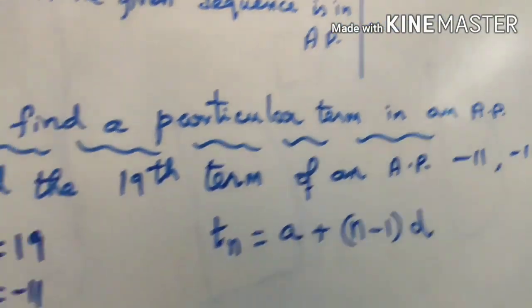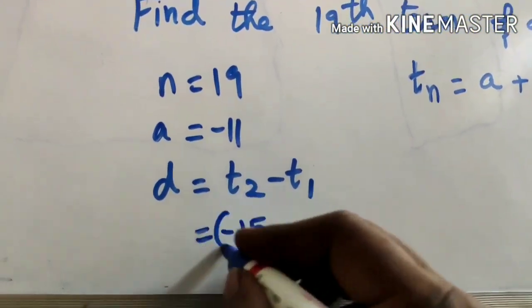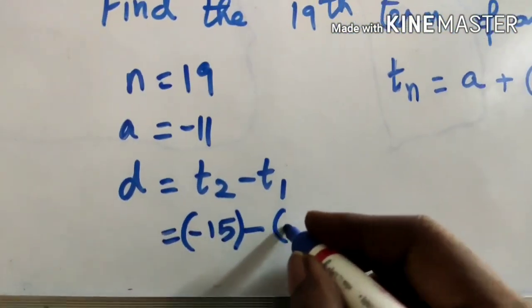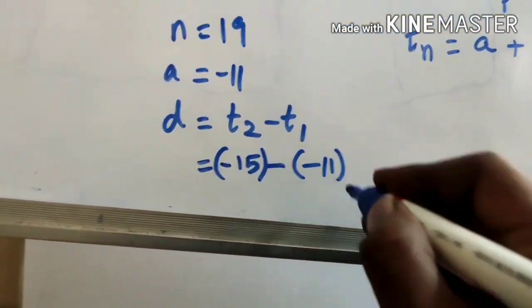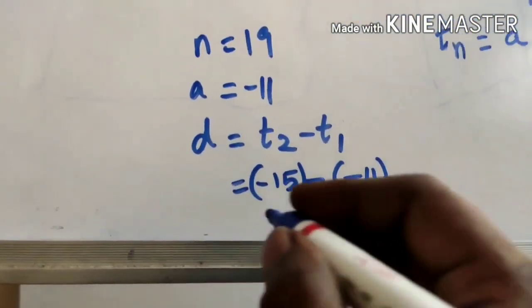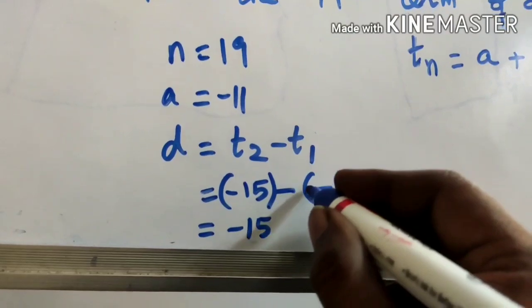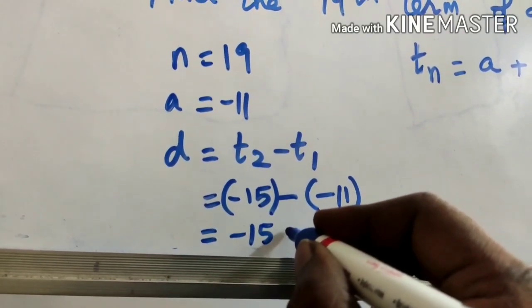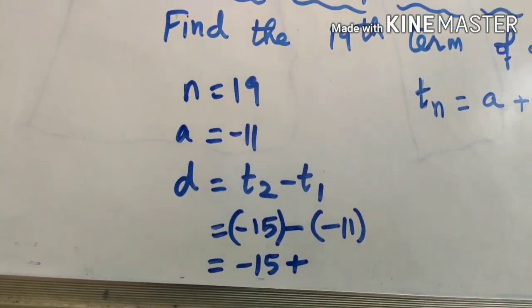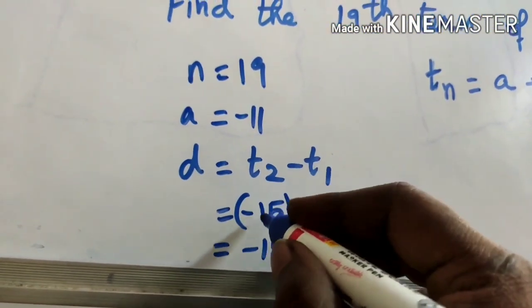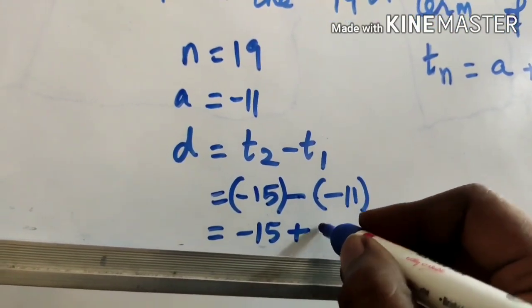T2 minus T1. So see here, minus 15 minus 11. How will you find this? See here, minus 15, minus into minus is plus, or you can use this: write this number as it is, minus into minus plus, and write 11.